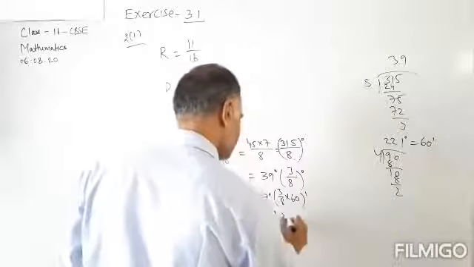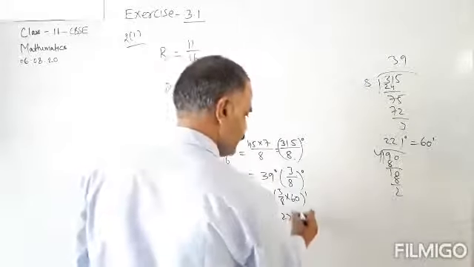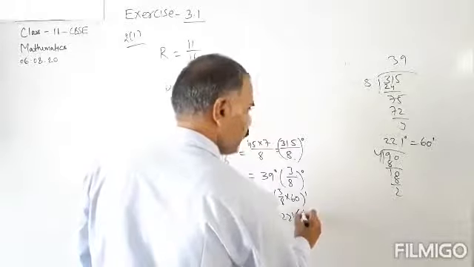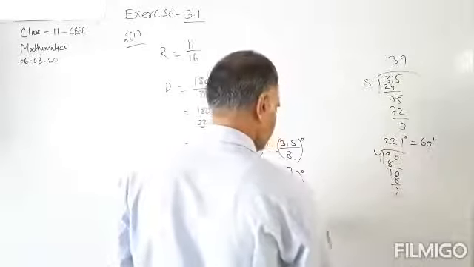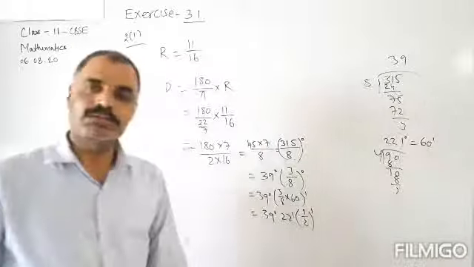So 22 minutes is a complete minute, and 2 by 4, that is 1 by 2, is the fractional part of the minute.